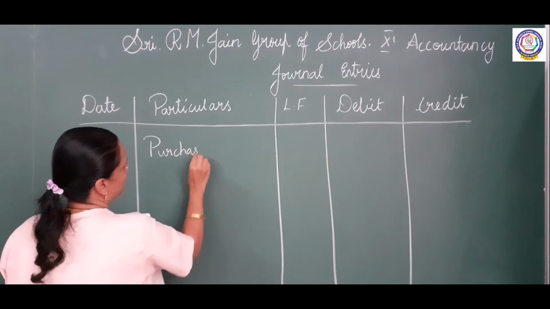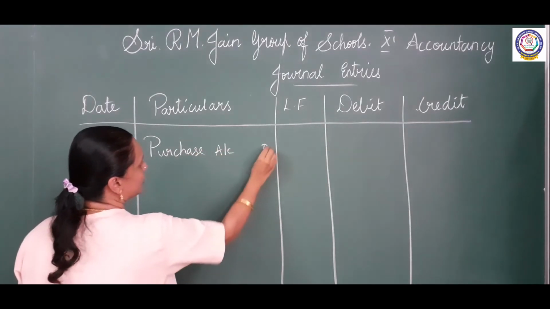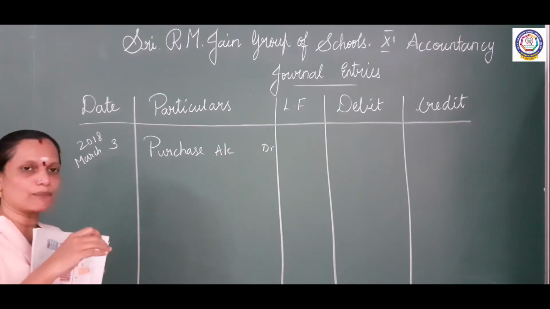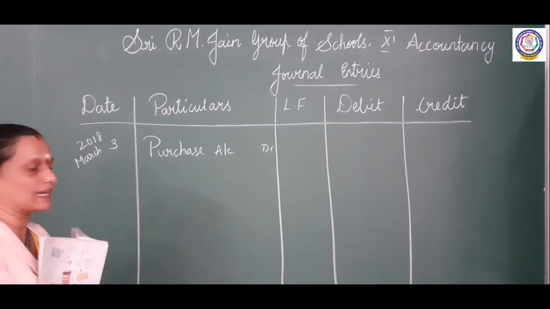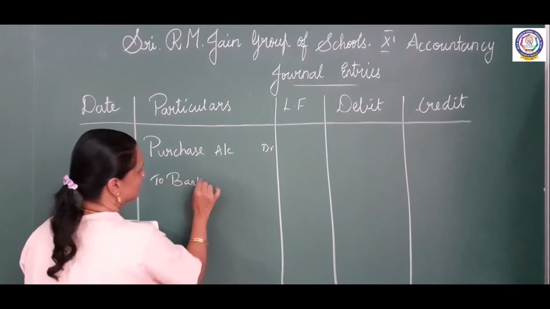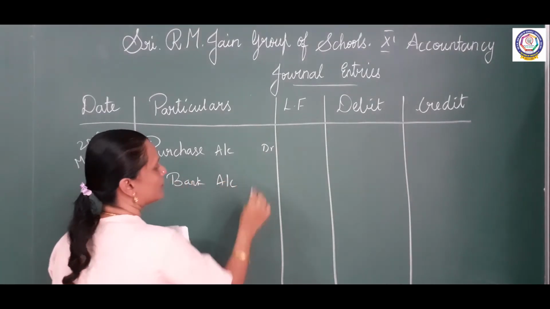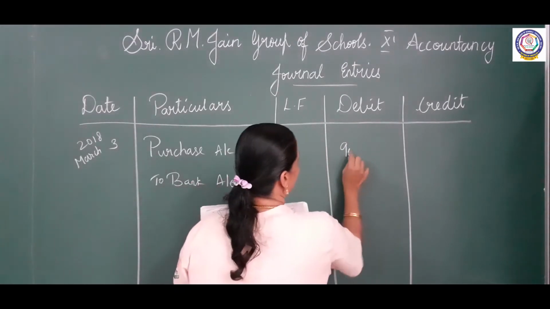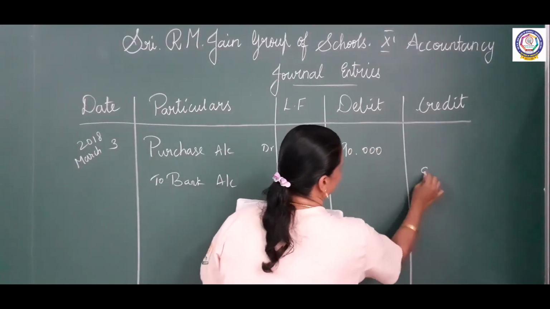Purchase account debtor, to bank account, 90,000.